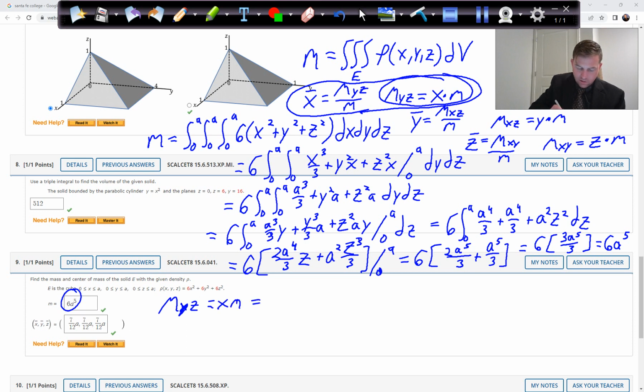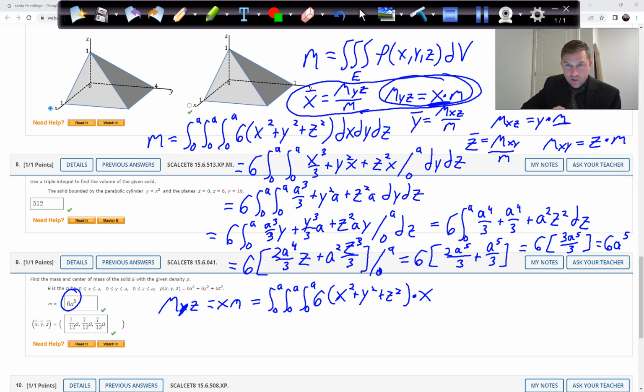Well, in triple integral form, that's going to be 0 to a, 0 to a, 0 to a of everything stays the same, except we're multiplying by x. Oops, right here. So it looks exactly the same as the triple integral we just did, but we added this times x.